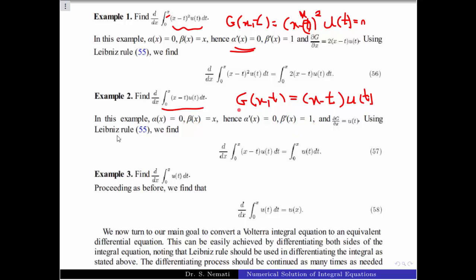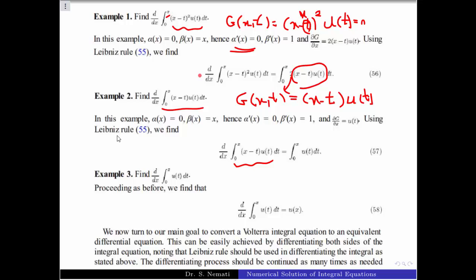By replacing all the expressions in the general formula, we obtain the derivative of this expression equals the integral of u of t dt from 0 to x. You can see that this expression actually is the one that we have here without considering these two.